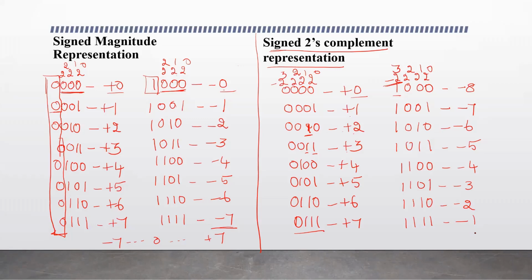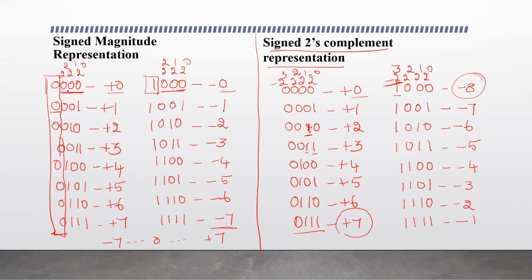Okay, so here the least number that is represented is minus 8, and the maximum number is plus 7. That is why performing addition and subtraction using signed magnitude representation is difficult.